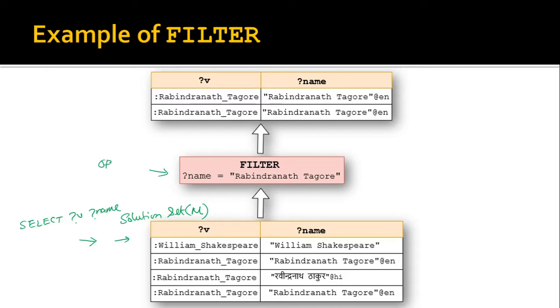Now this would be the operator. Here we represent the operator in the middle box, and the top box represents the outcome or evaluation of the operator, right? What you can think of is that you have represented the SPARQL query as one algebraic object.